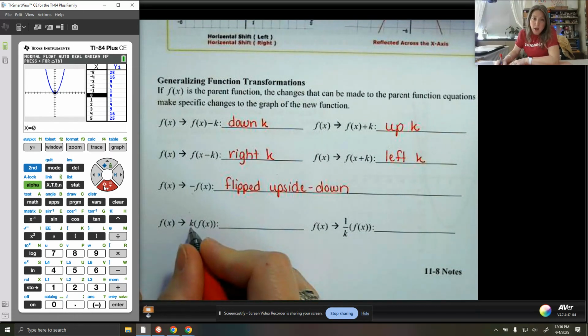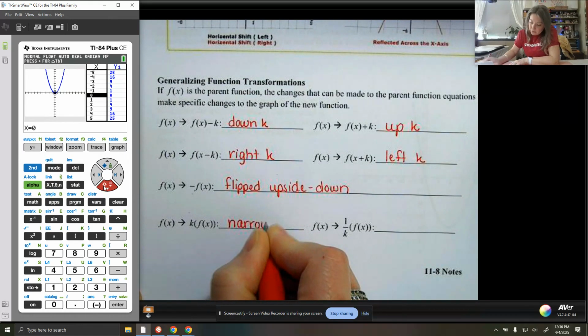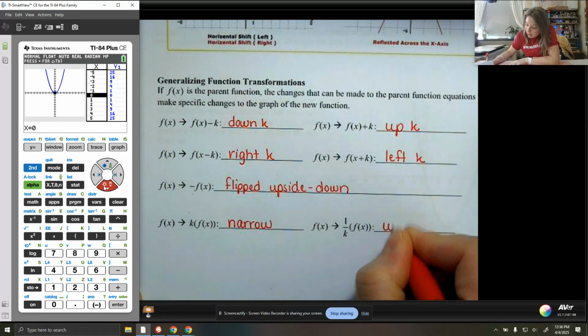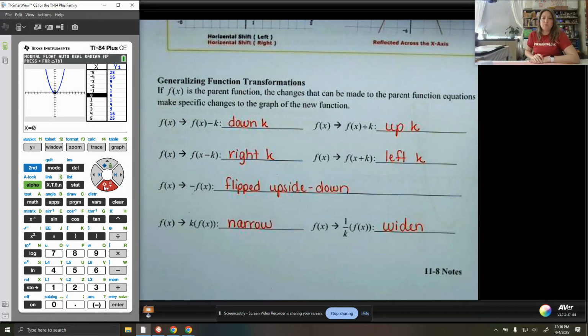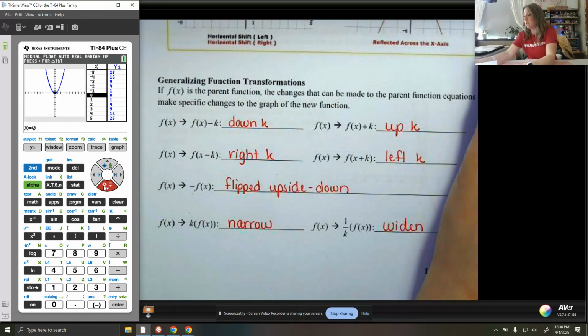And so if we multiply by a whole number, we narrow by that much. And if we multiply by a fraction, we widen by that much. So these are the function notations we have to be able to interpret. And we also have to be able to interpret multiple function notations at once. That is the other piece that we're trying to focus in on.